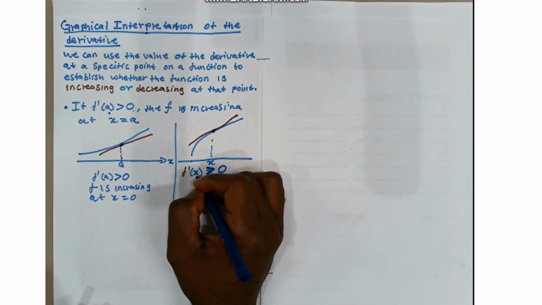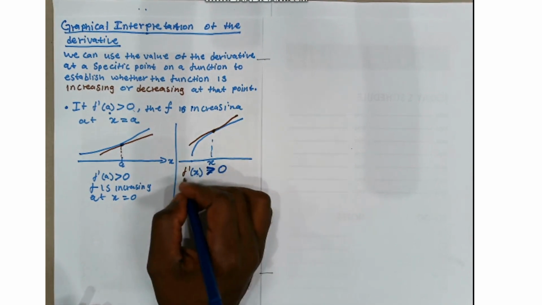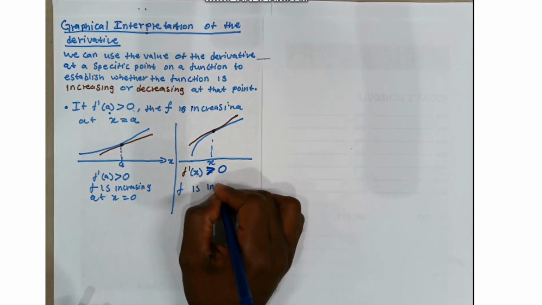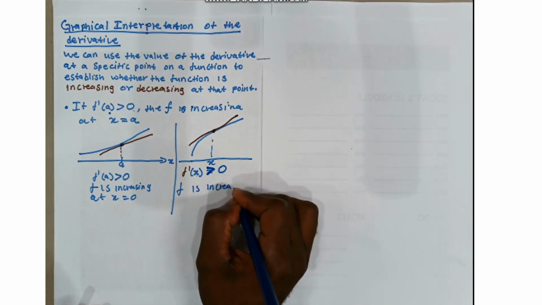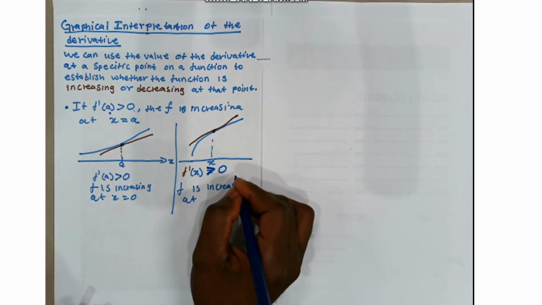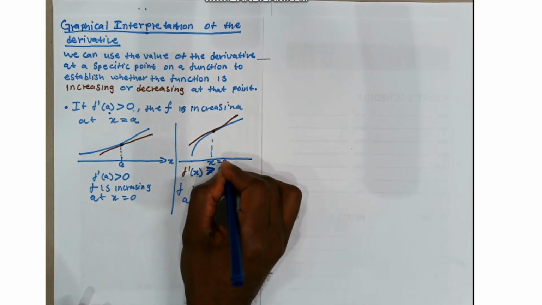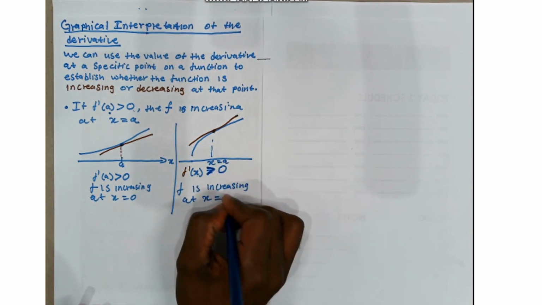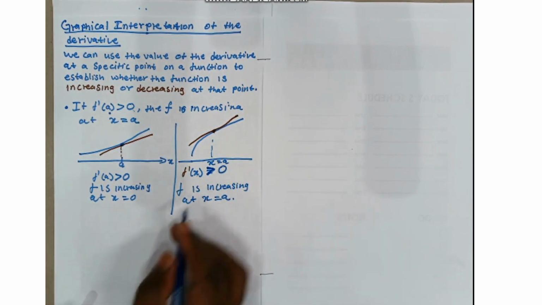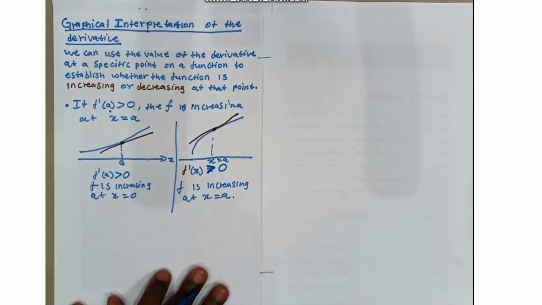If our f prime of x is greater than 0, this means our f is increasing at x is equal to a.